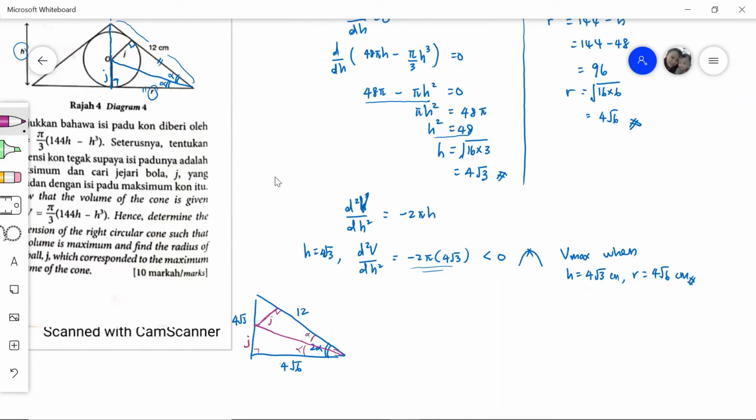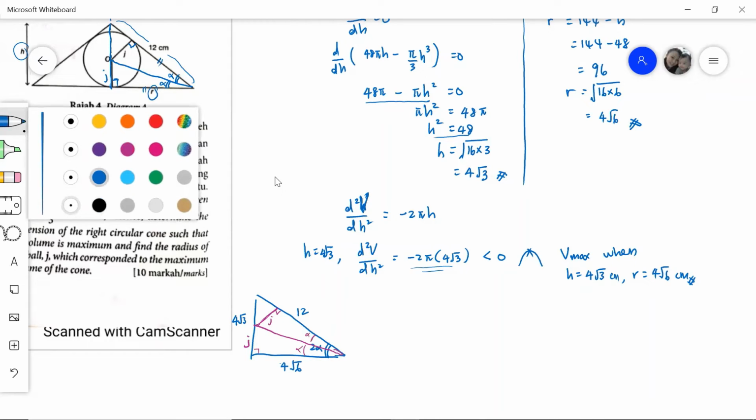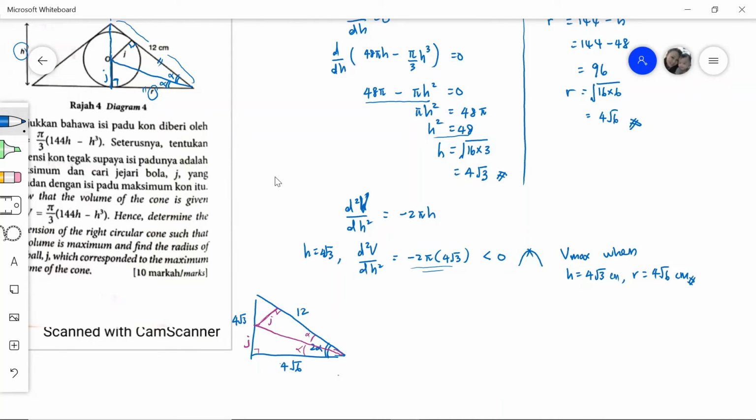With 2 alpha, we can find the value of alpha by taking any of the sides. We can use opposite over adjacent, so tangent. Sine or cos can be used here as well. So we are looking at the blue triangle.